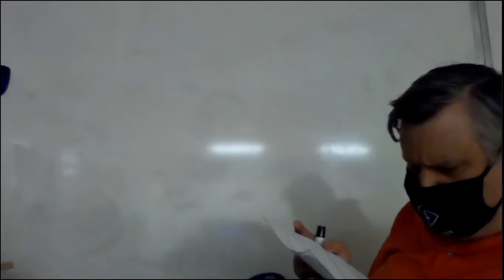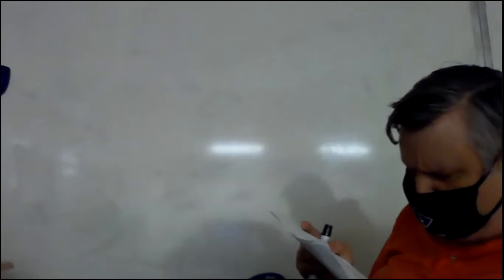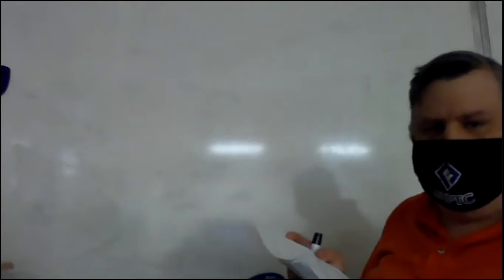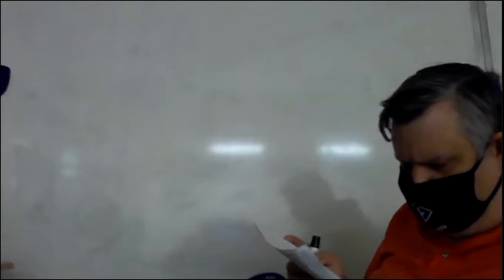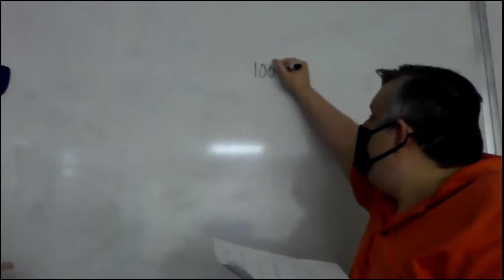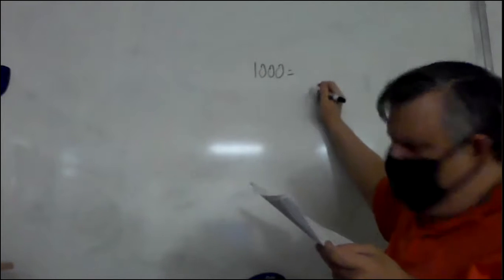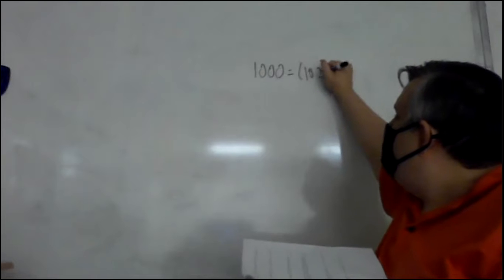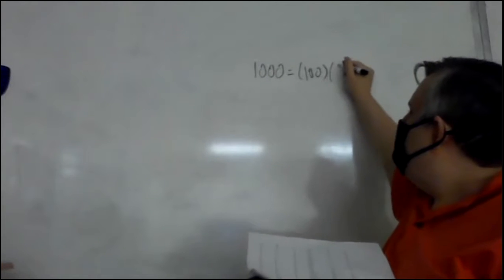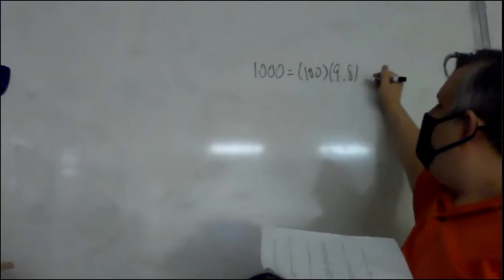Problem number 28. A 100 kilogram object has a potential energy of 1,000 joules. What distance is it held above the floor? Okay, so our potential energy here is 1,000. The mass of our object is 100. G is still 9.8.